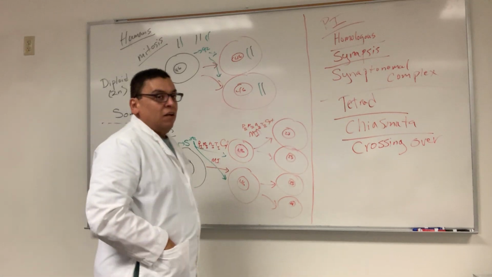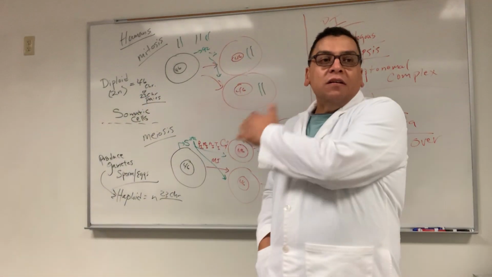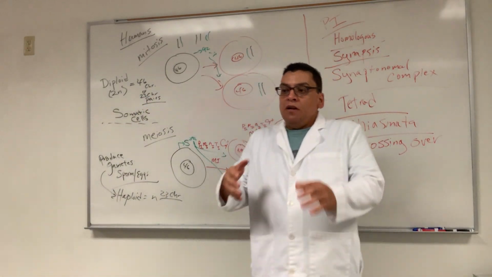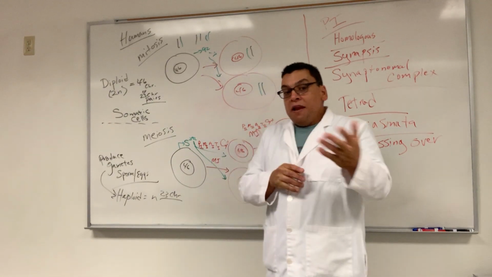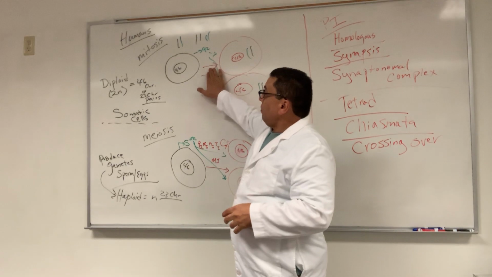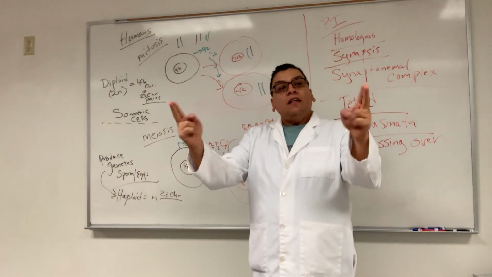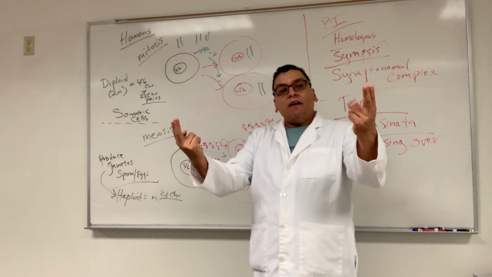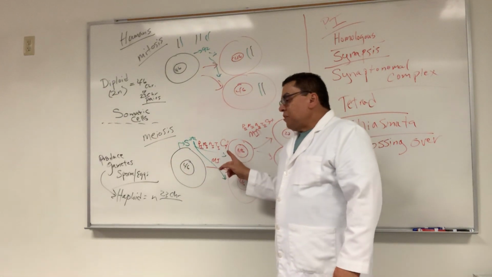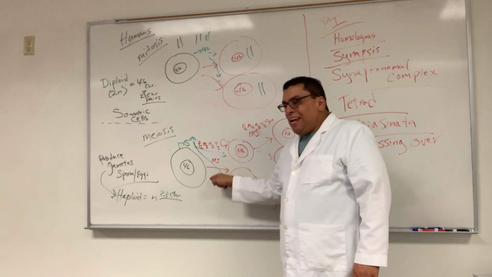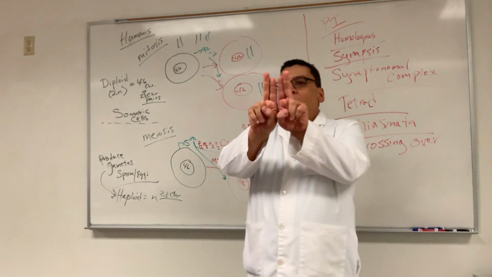So it's the same as mitosis other than prophase. The rest of it is the same. Now the difference here is this. In metaphase in mitosis, these sister chromatids that are now called chromosomes are lining up. Watch that. In metaphase 1 here, it's the tetrads that are lining up.